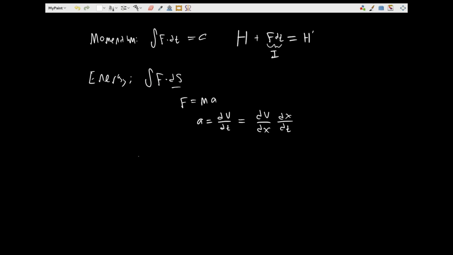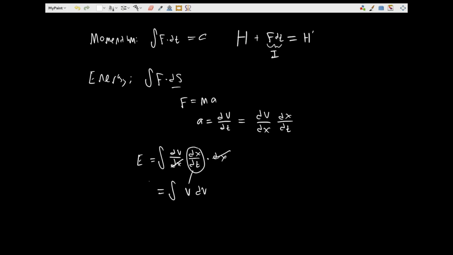So our energy, for kinetic energy, is equal to the integration of dv by dx times dx by dt dot ds, or in this case, dot dx. If we simplify this, we have this dx down here and this dx up here, and we get the integral of dx by dt, which is just v, times dv.